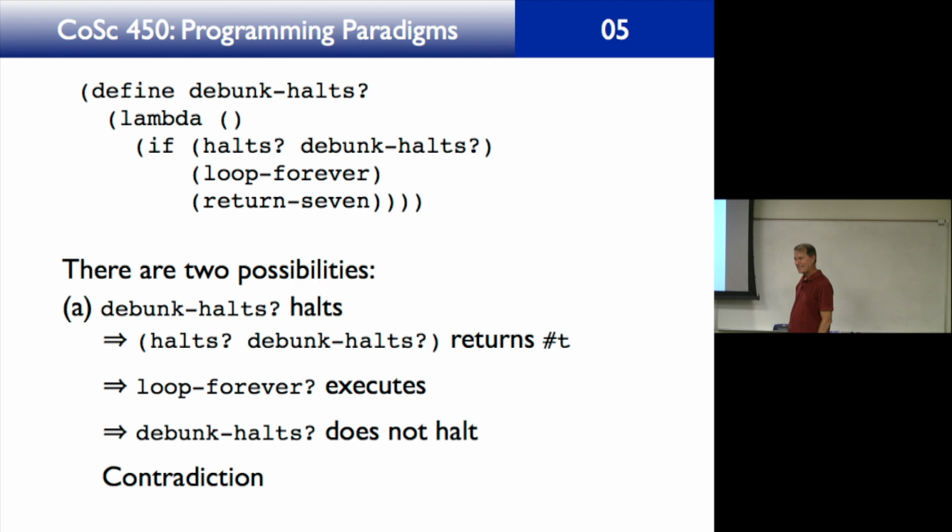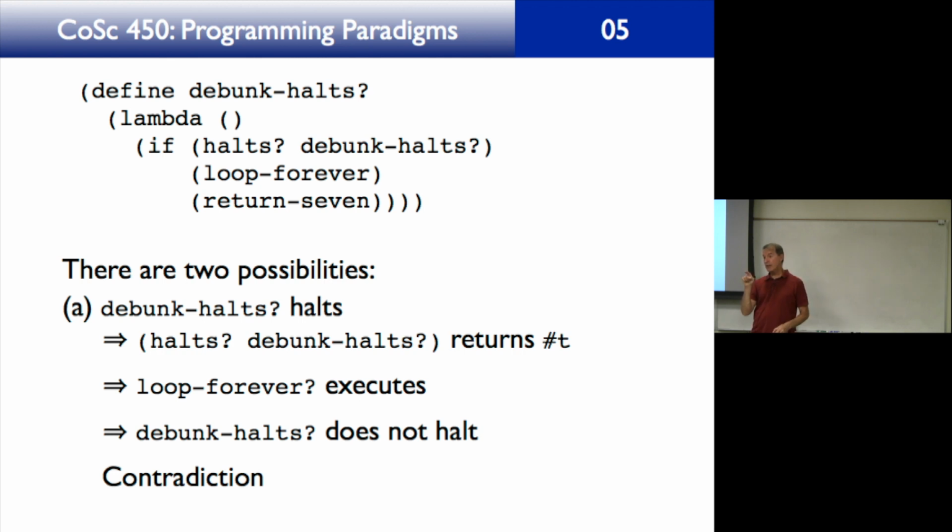Couldn't you use a different function instead of loop forever that would terminate it? Like why? Yeah. But what I'm saying is, that's a good question, because you're assuming that loop forever is the only thing that you would use there. But the logic is going to be this.